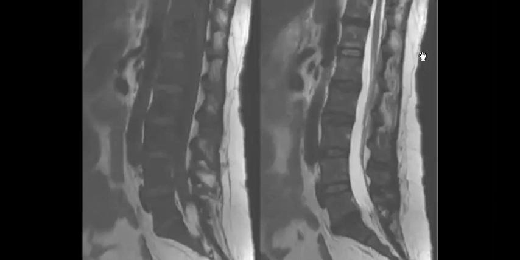Again, this is T2 MRI, and here you can see the T1. So what is the big title you will put when you find this? How do we describe it? Sagittal T1, T2 MRI. Yeah.